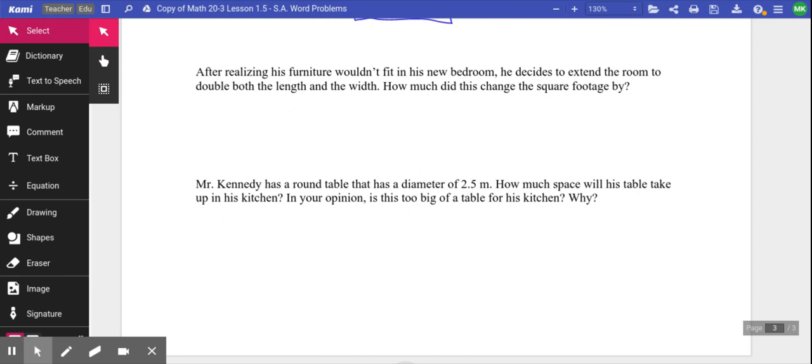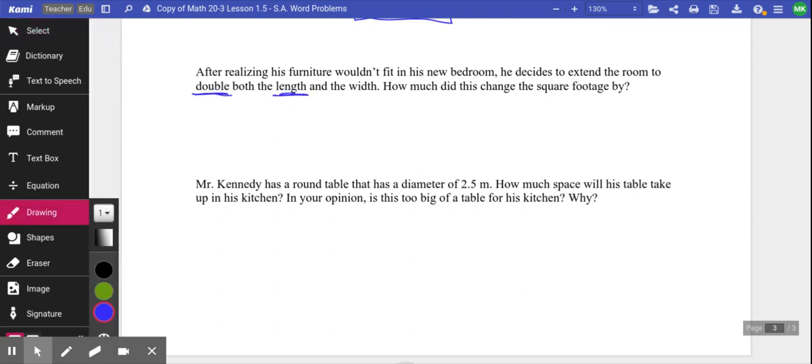It says, after realizing his furniture wouldn't fit in his new bedroom, he decided to extend the room to double both the length and the width. So if you double your length and your width, how does it change the square footage? You could actually do the calculations to figure it out, but there's a quicker way to do it.